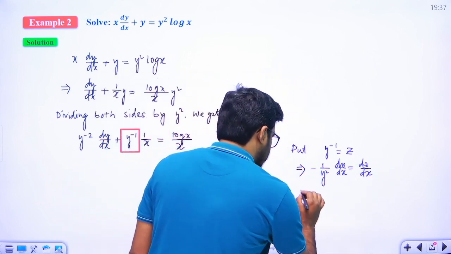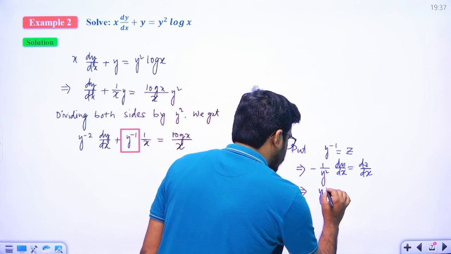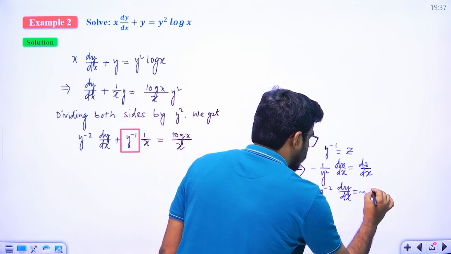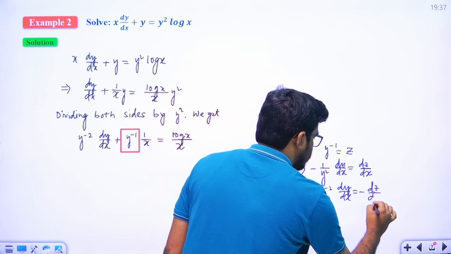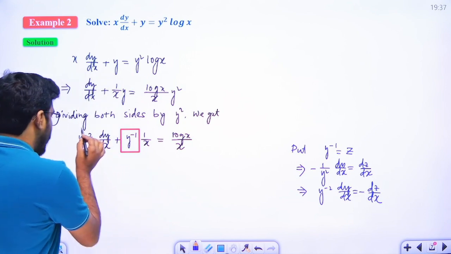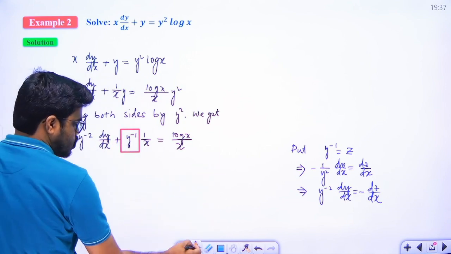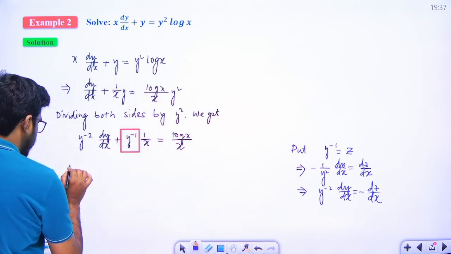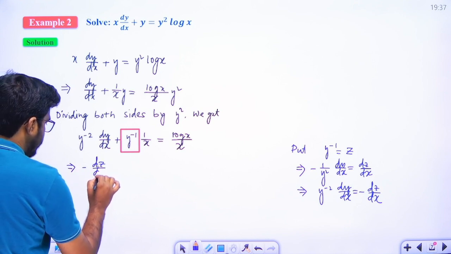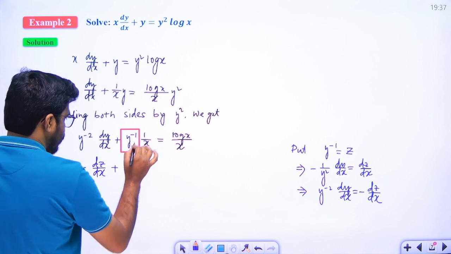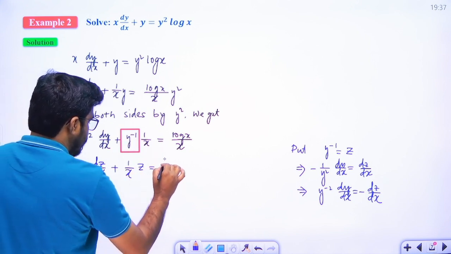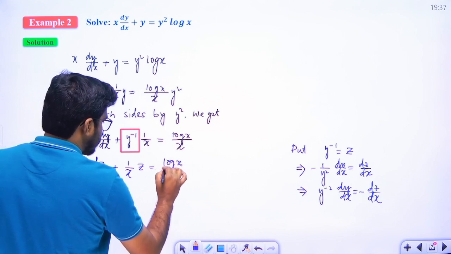So this implies y to the power minus 2 dy dx equals minus dz dx, right? So minus dz dx plus 1 by x, y to the power minus 1, that is z, is equal to log x by x.